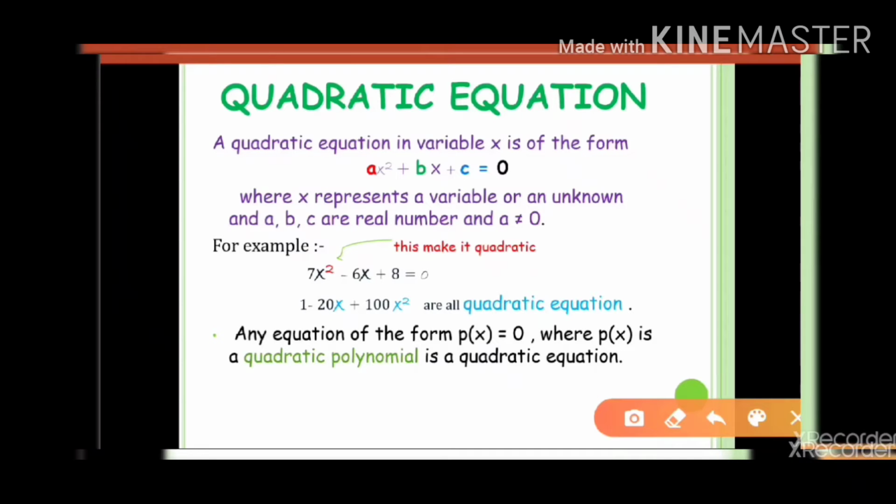Another example of a quadratic equation is 1 minus 20x plus 100x squared equal to 0. Or we can say any equation of the form p(x) equal to 0, where p(x) is a quadratic polynomial, is called a quadratic equation.